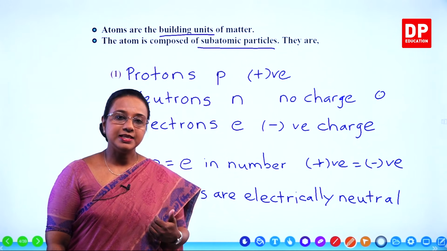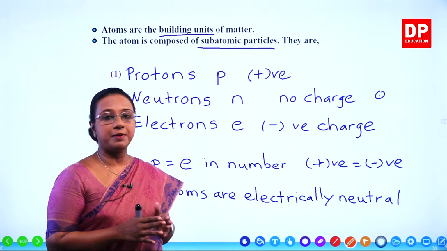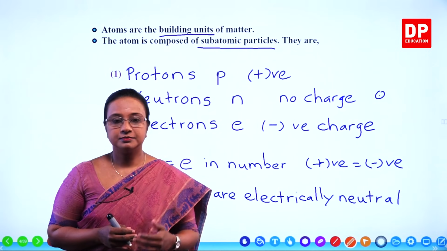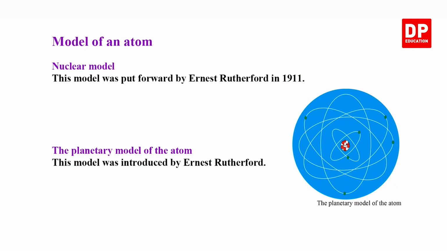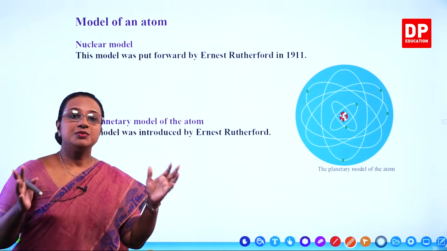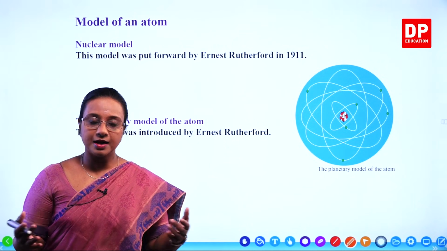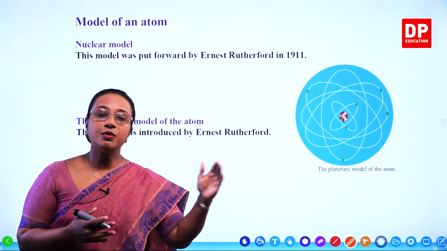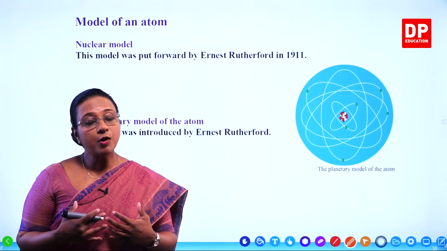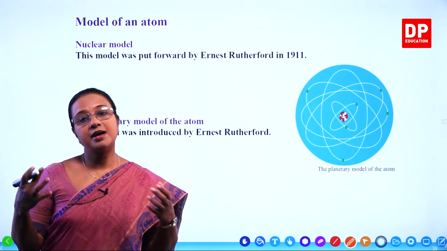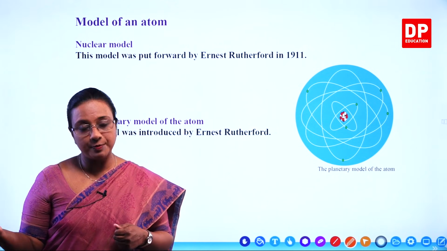Now we will see how these subatomic particles are arranged in an atom. So to know that, we discuss the model of an atom. Scientists got knowledge about atoms and subatomic particles throughout the years, and they wanted to explain how atoms get their special definite properties.